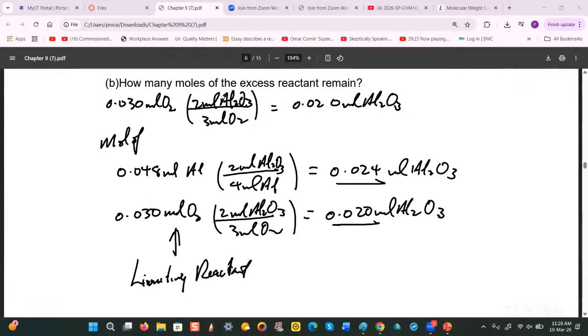So this should be 4 moles of Al above. So this should be something different. So that's 0.040.